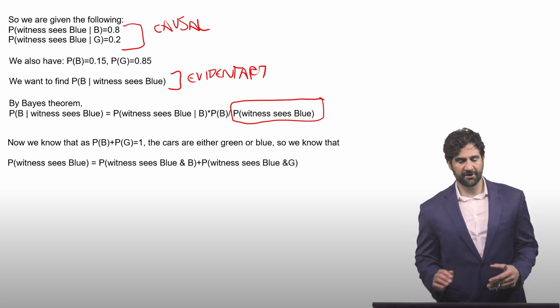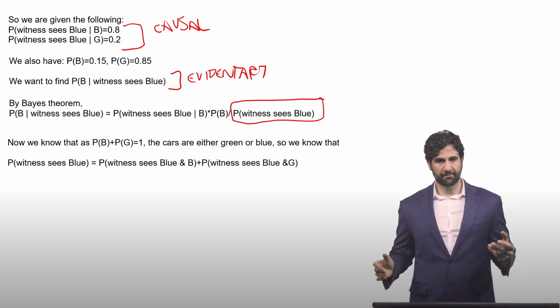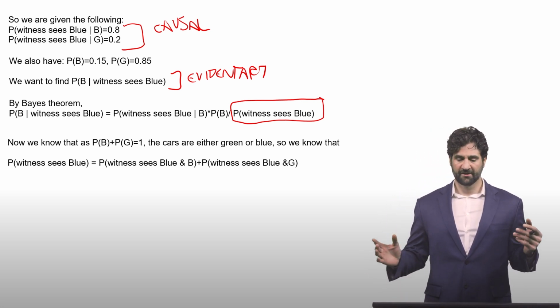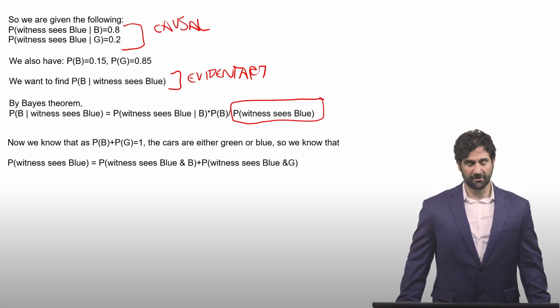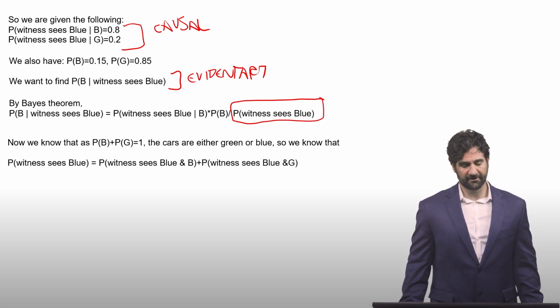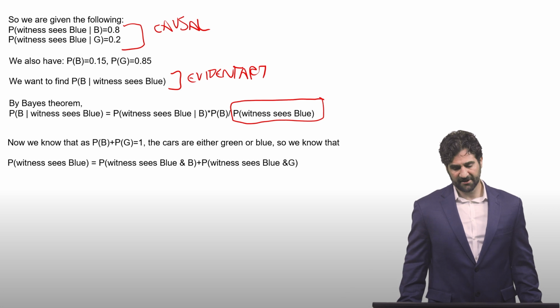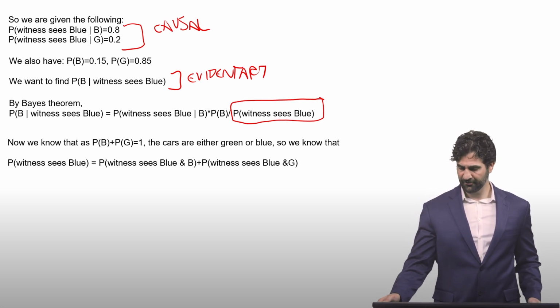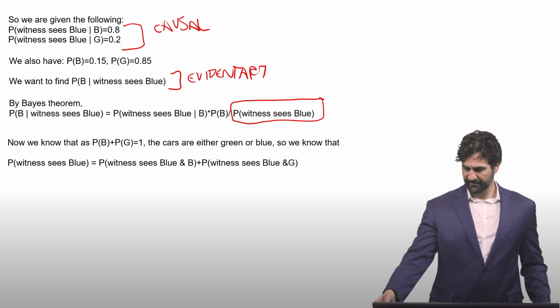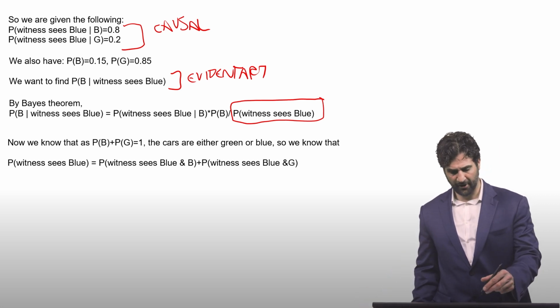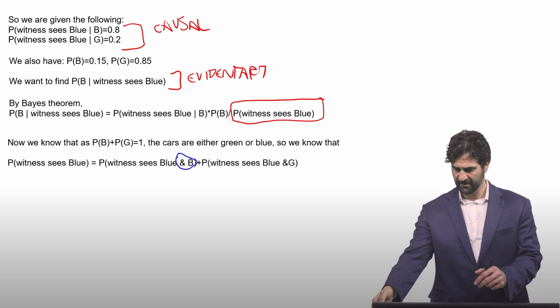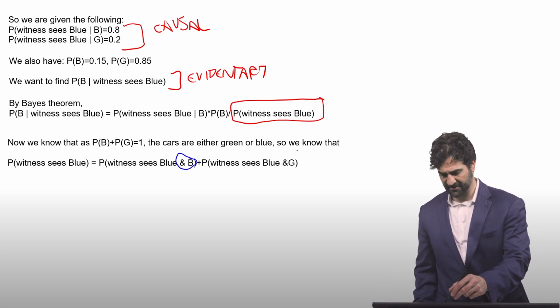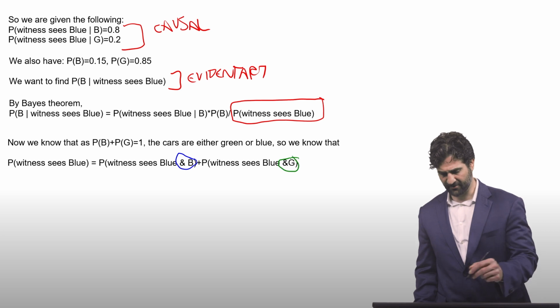Okay, so we know that since the priors add up to 1, the cabs are going to be either green or blue. So the probability that the witness sees blue has to equal the sum of these two sets of worlds. You have the probability the witness sees blue and it's blue, and the probability the witness sees blue and it's green.